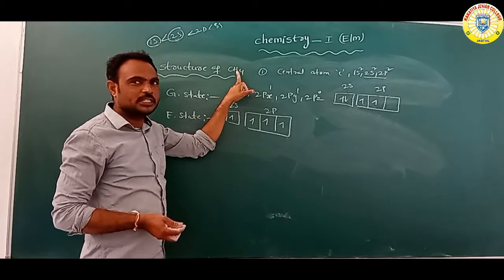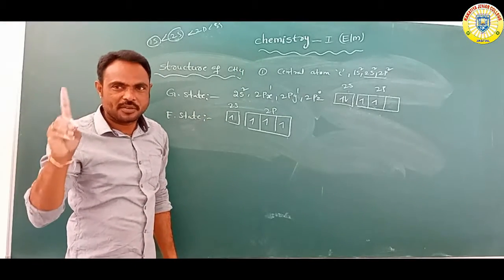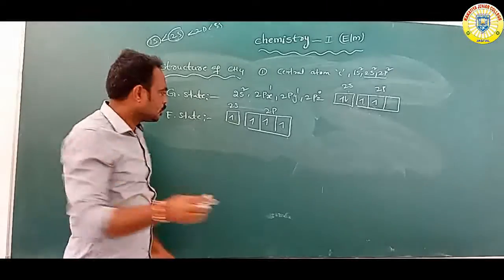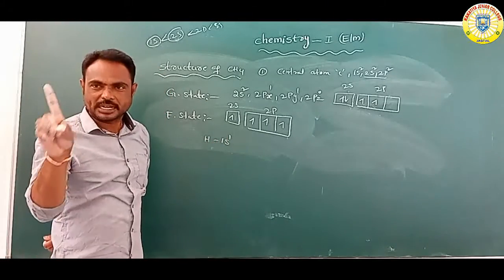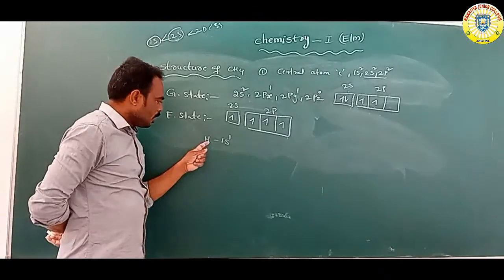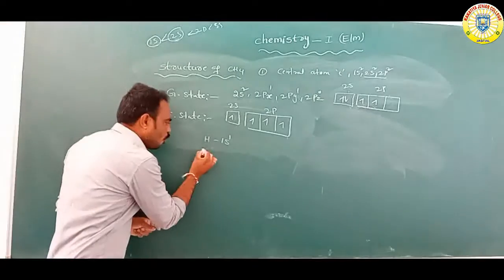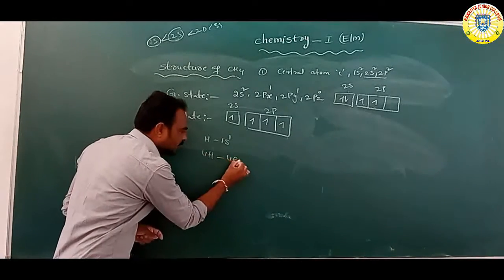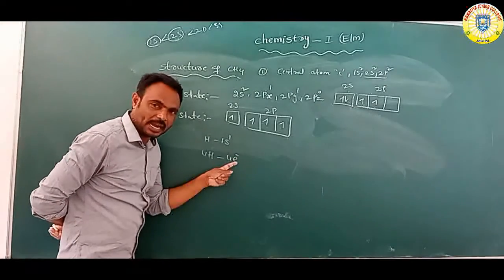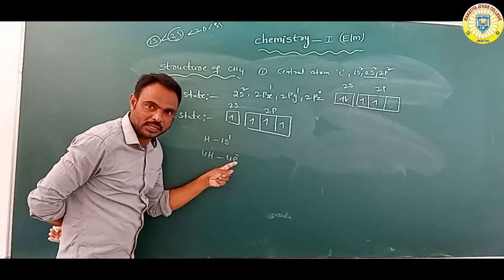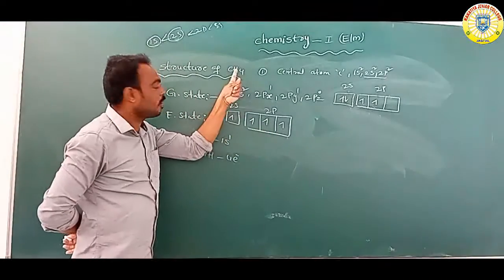How many hydrogens? 4 hydrogens. Hydrogen's atomic number is 1, 1s1, only a single electron. So 4 hydrogen atoms contain 4 single electrons. These 4 single electrons bond with the 4 single electrons of the carbon atom to form methane.